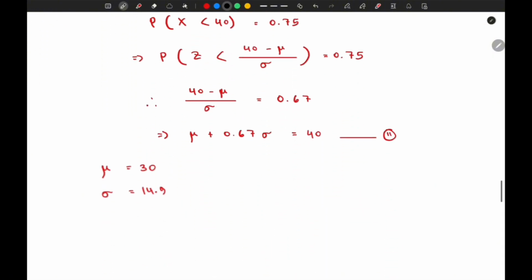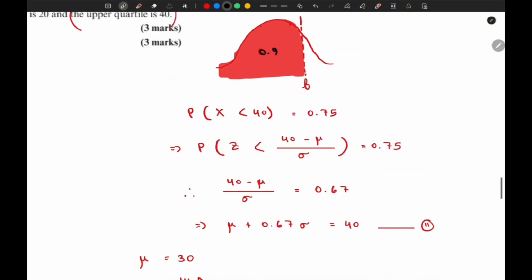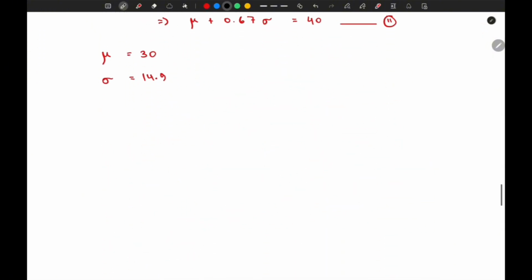So from this we can create an equation. The probability for x to be less than B is equal to 0.9. Now let's convert this value of x into z. So z is less than (B minus the mean) divided by standard deviation is equal to 0.9.